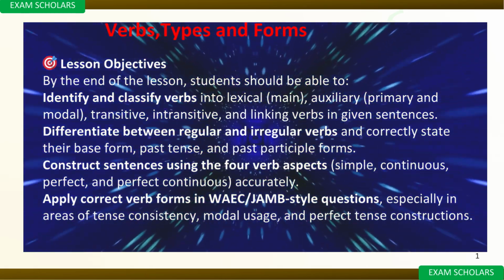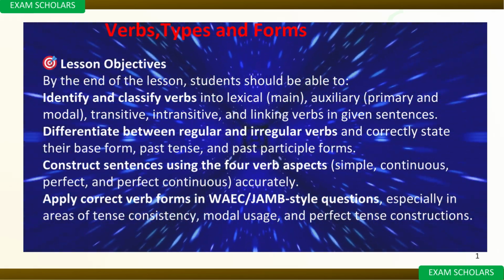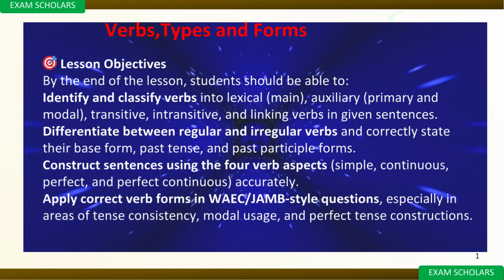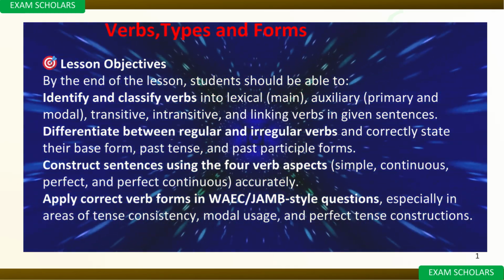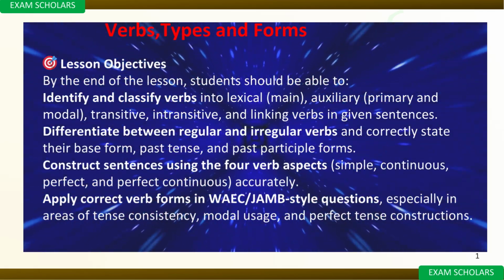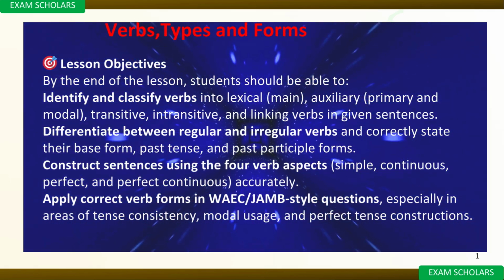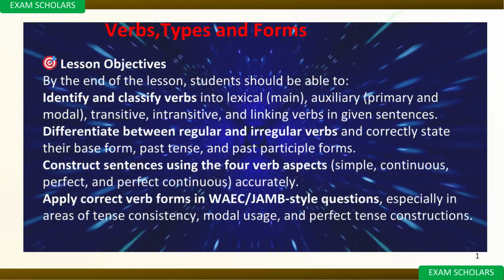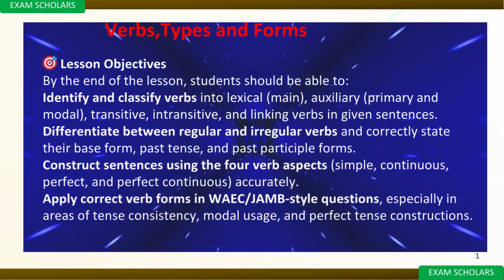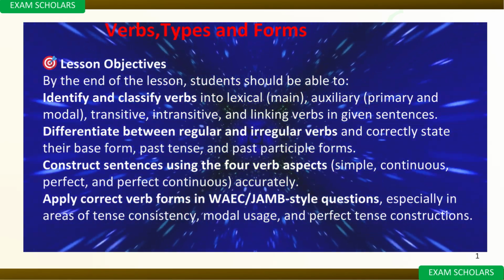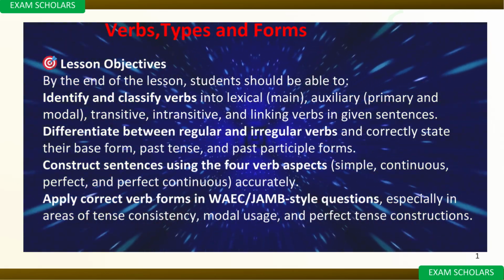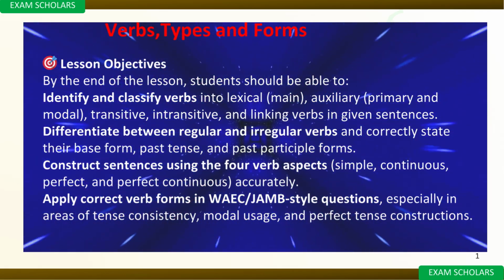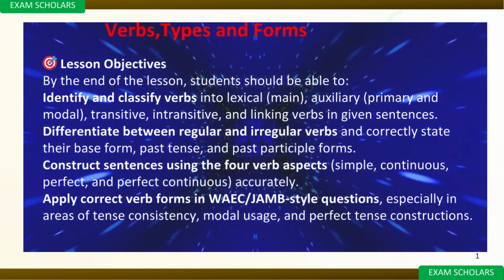Students should be able to construct sentences using the four verb aspects: the simple, the continuous, the perfect, and perfect continuous accurately. Students should be able to apply all these forms in examinations.